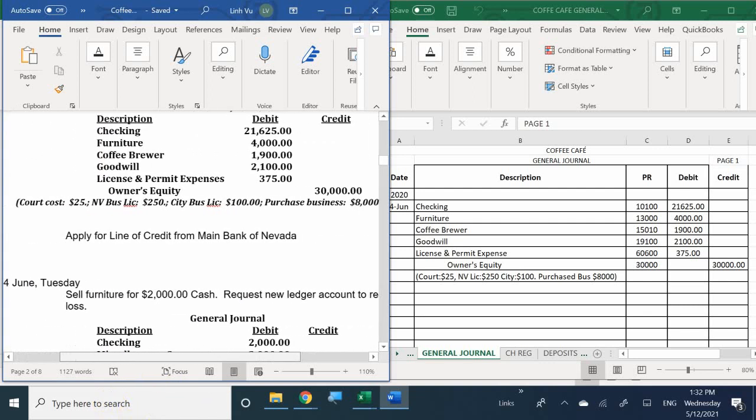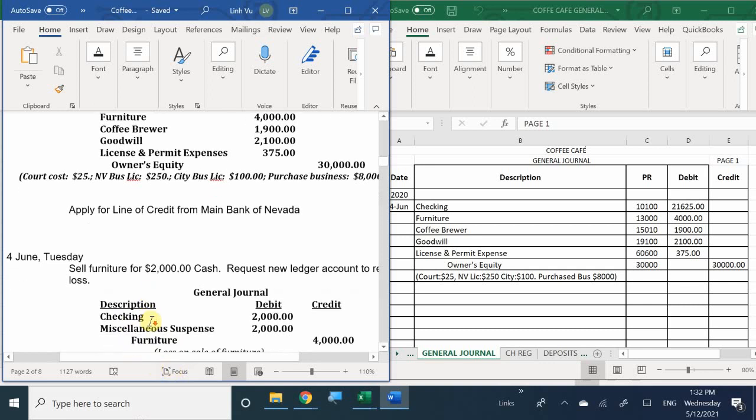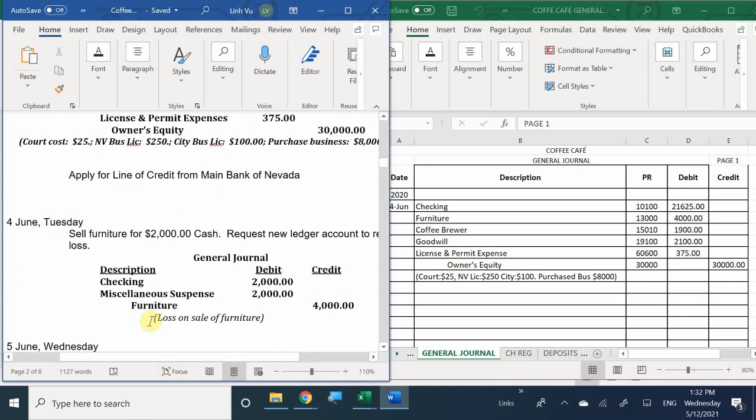So in this case, the ledger account that I'm going to utilize is called miscellaneous expense, because we don't really know what we're going to do with this loss. We're not going to recognize it just yet because we have to create an account for it. However, I'm just going to place it into miscellaneous expense because right now it's a random floating item.